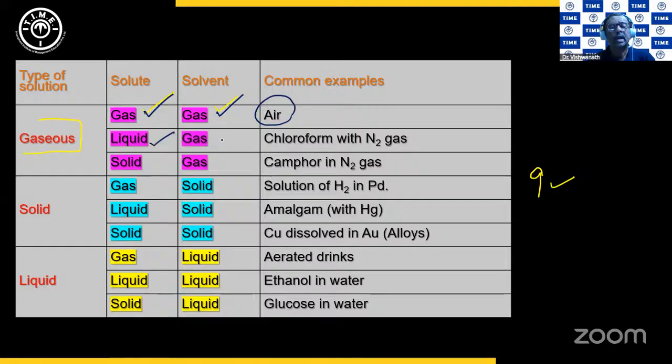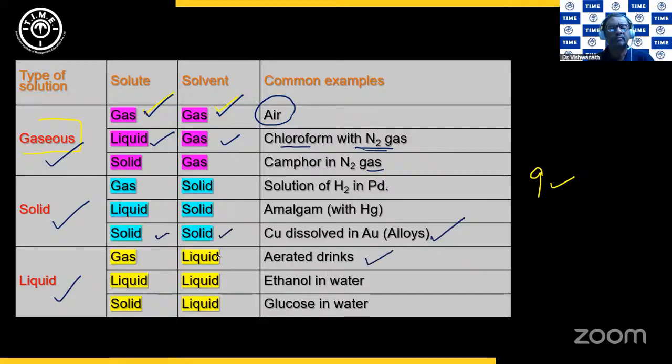A liquid in a gas, you can take chloroform, which is a liquid, in contact with nitrogen gas. Or a solid in a gas, camphor is a solid and the gas is nitrogen. So we have gaseous form, solid form, liquid form of the final state. And then let us look at alloys. Alloys are solid plus solid combination.